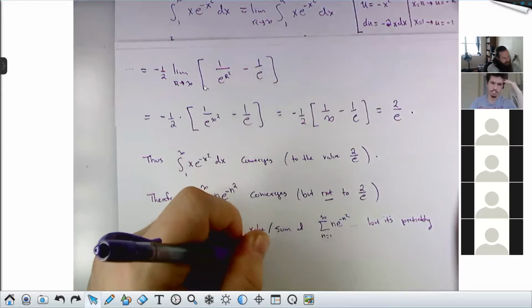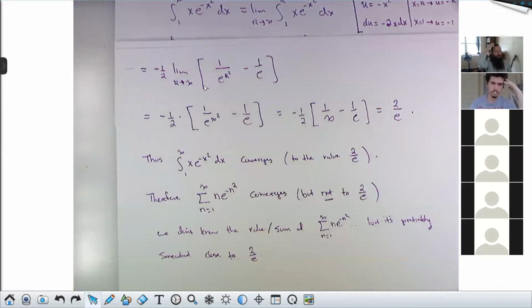That's a reasonable statement. And in fact, if you want to, your book tells you how to get quantitative about this, meaning it'll tell you how far off the series can be from the integral. It's always a finite amount, but how far off can it be? It's not true that these are equal.